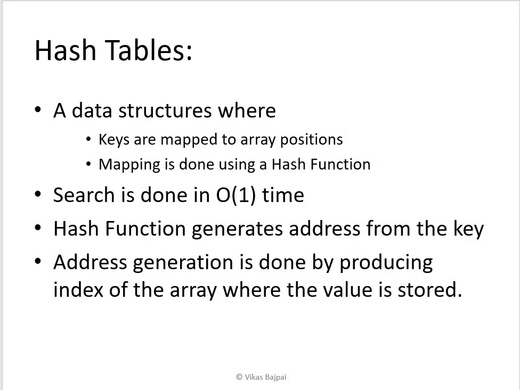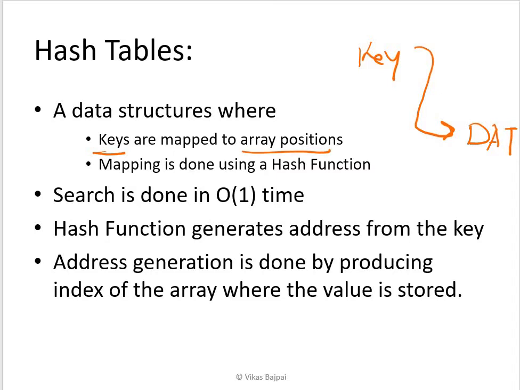Now this hash table is nothing but a data structure where keys are mapped to the array positions. So we take the key values, and that is mapped to array positions, which is nothing but your direct access table. We'll see what it is in the next slide.